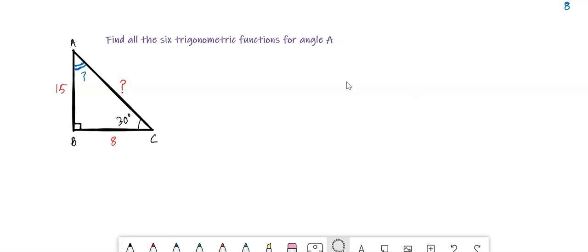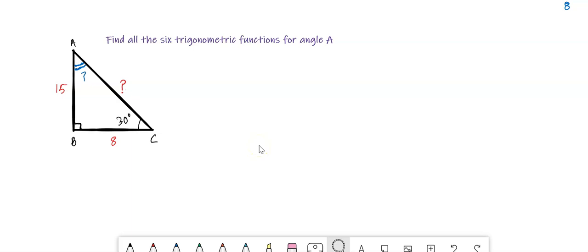Now let's do a question based on what we just recapped above. The question says, find all the 6 trigonometric functions for angle A. This is a right triangle ABC, right angled at B, and angle C is 30 degrees, BC is 8 units, AB is 15 units, AC we don't know, and angle A we don't know.